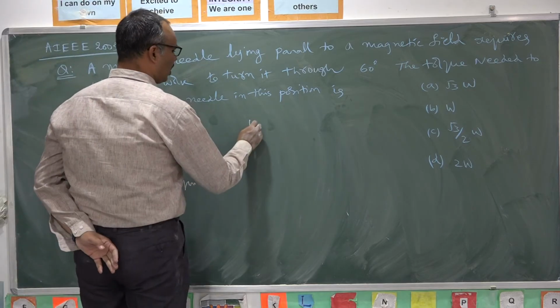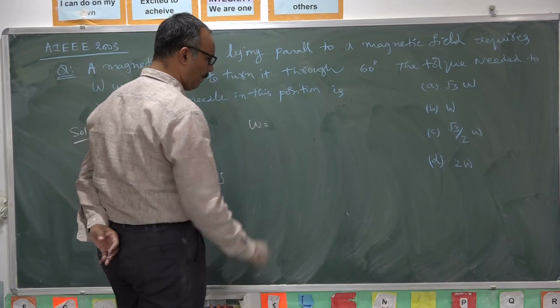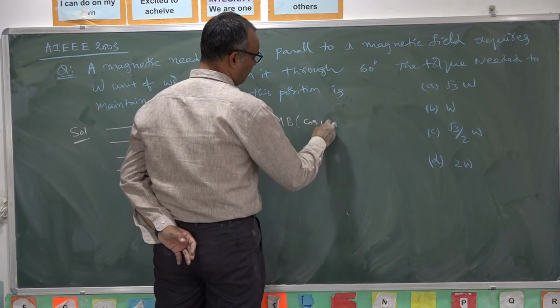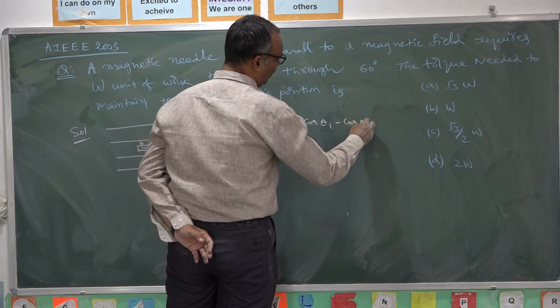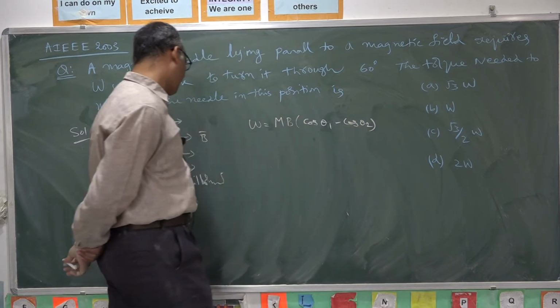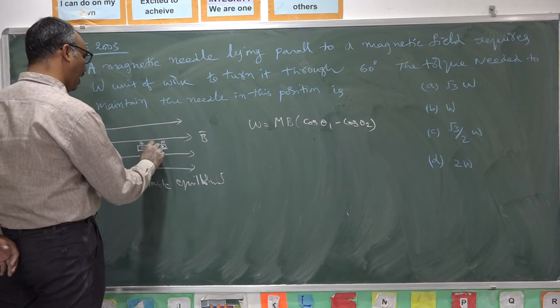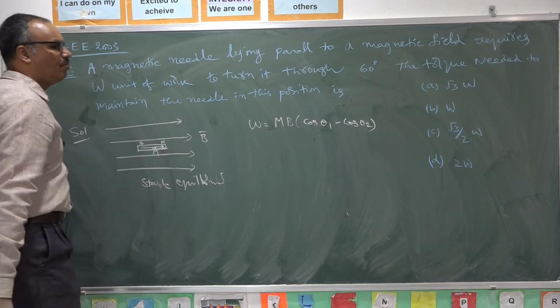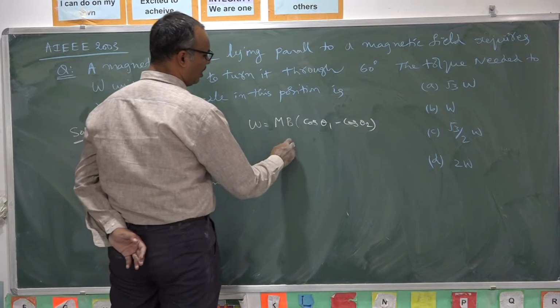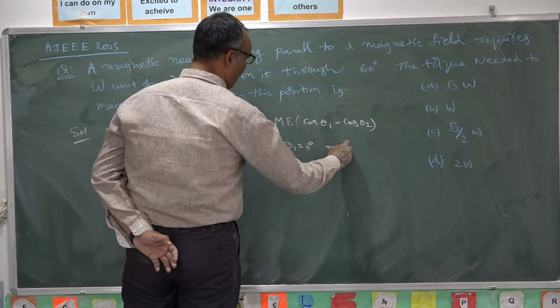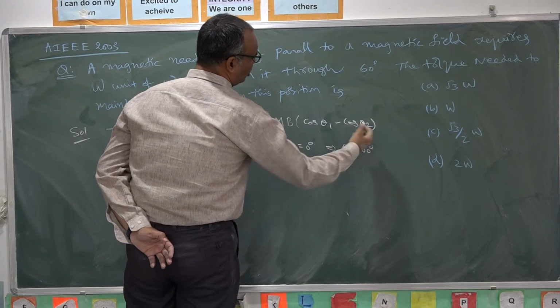So work done to turn a magnet is given by MB into cos theta 1 minus cos theta 2. Here theta 1 is the angle between the magnetic moment vector and the magnetic field vector. Theta 1 is 0 degrees. Theta 2 is 60 degrees as per the question.